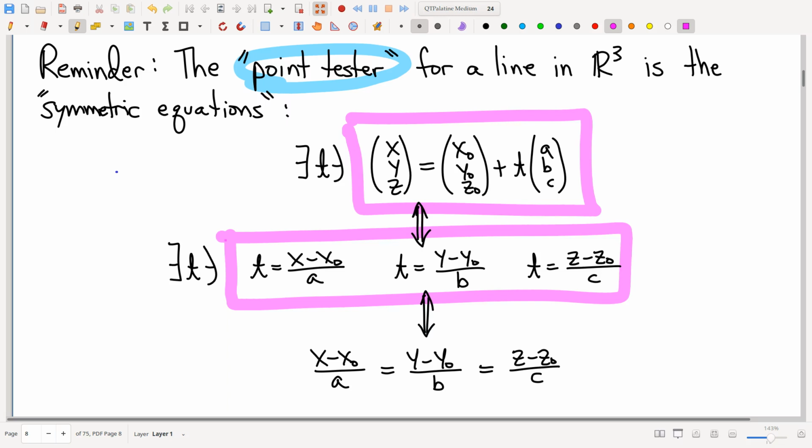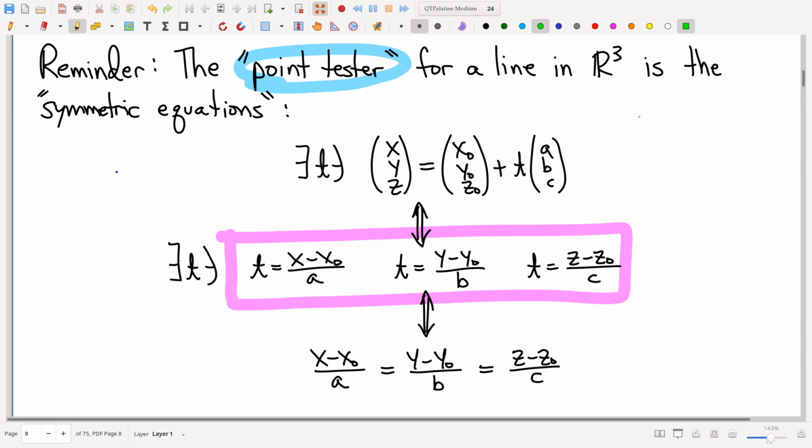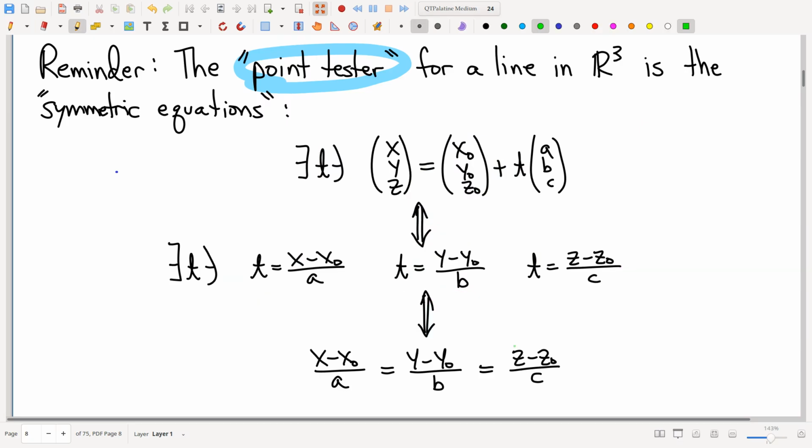And in each of those 3 coordinate equations, you can solve for t. Solve for t in each of those 3 coordinate equations, you get this. Okay, now let's rephrase our point test. Does there exist some value of t that makes all three of these equations work?